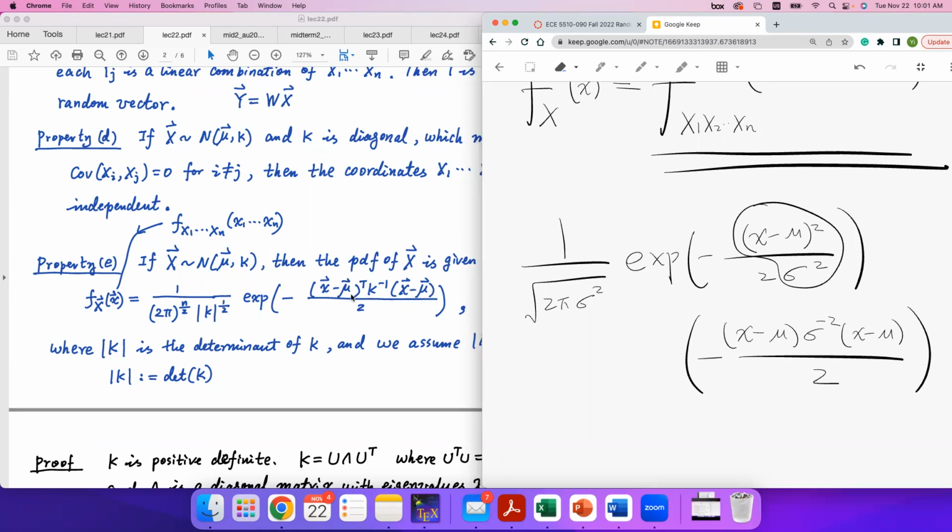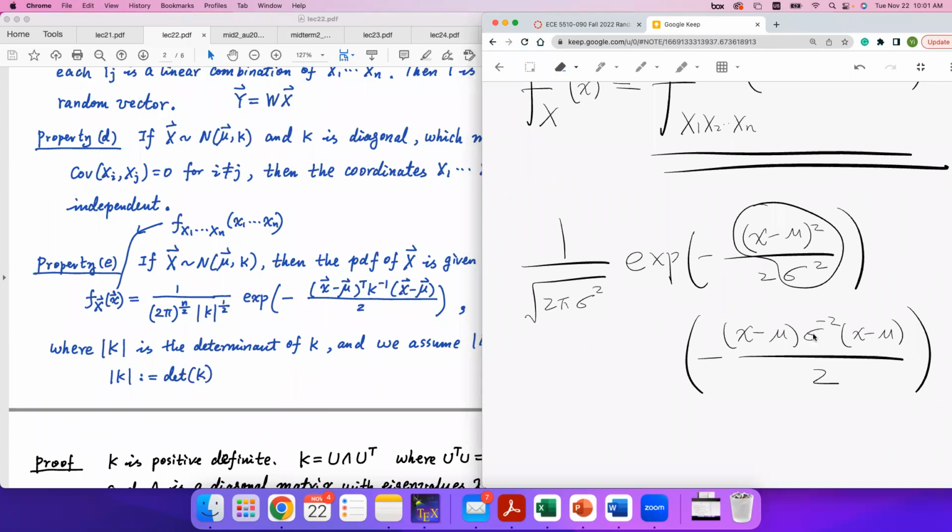But in the high-dimensional case, it is given by a quadratic matrix-vector multiplication form with K inverse. K denotes sigma squared here. It's the autocovariance, which means the variance in the one-dimensional case.